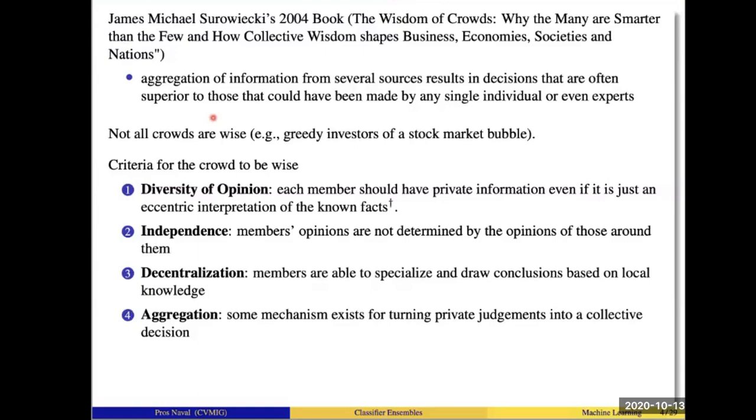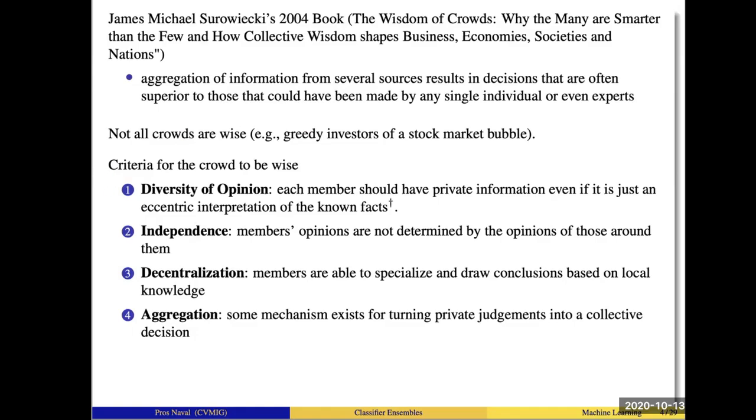Another example would be the greedy investors of a stock market bubble, and this happened in 2007, I think. The stock market collapsed because of some greedy investors who wanted to take advantage of the situation. So not all crowds are wise.